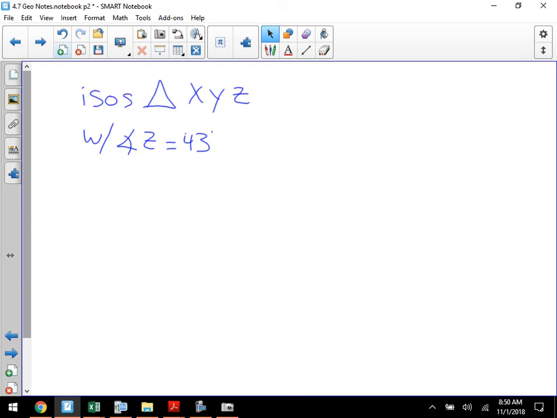So if I say the isosceles triangle is XYZ, and I have angle Z equal to 43, you should be able to tell me the other two angles.